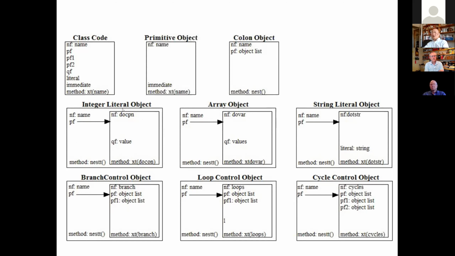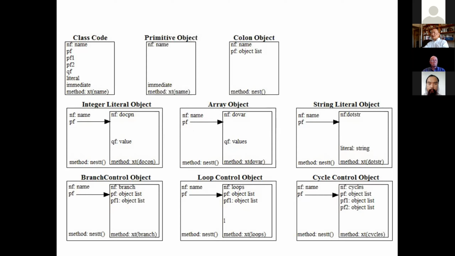For example, an integer object has a name, do_count, sorry about the typo, and in the QF field it has the value, and it just executes do_count when it is called. An array object is the same as a variable object. The name is do_var, and the method is the do_var method.